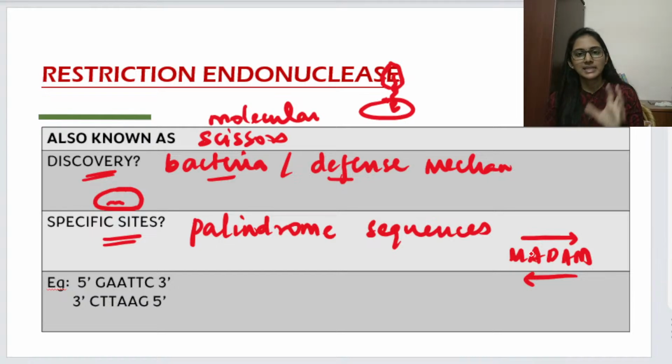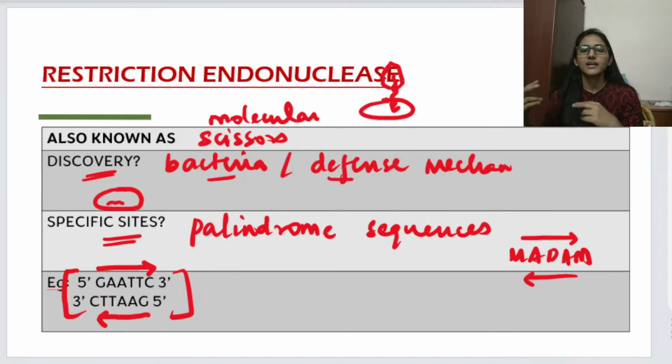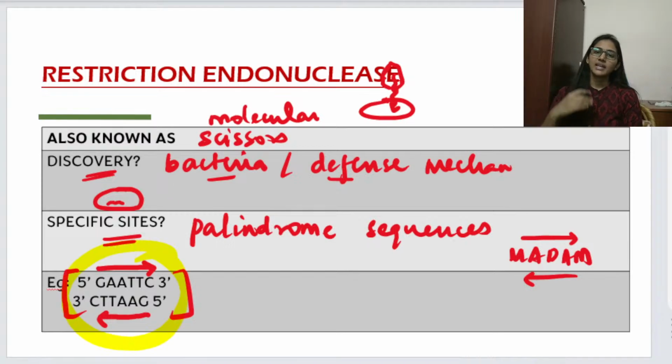So palindromic sequences means that if you read the sequence from 5' to 3' in one strand and 5' to 3' in the other strand, it is going to read the same. That is a palindromic sequence. Along this sequence only, your restriction endonuclease cuts. And each restriction endonuclease will have specific sites for itself.